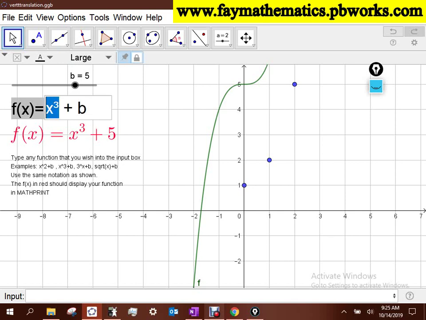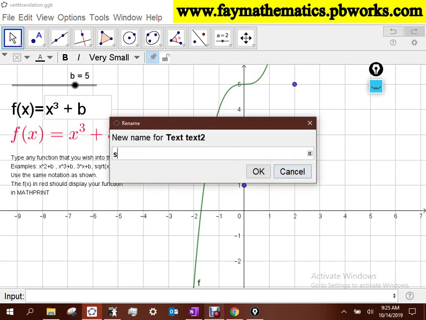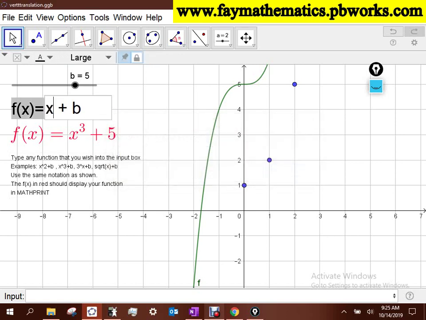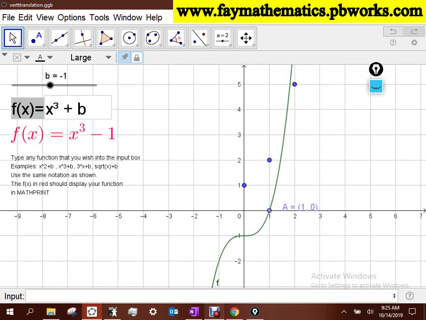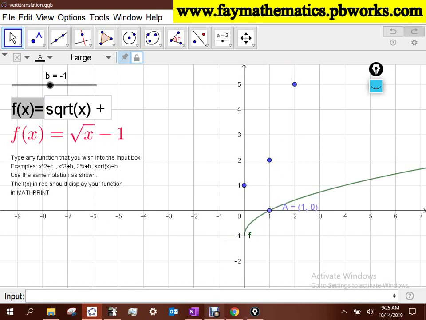Well, if I make it square root, if I take this out and make it square root of x. What's going on? I don't know why that changed. Okay, so if I type in square root of x, it's a new function, but you see that it is being generated the same way as before.